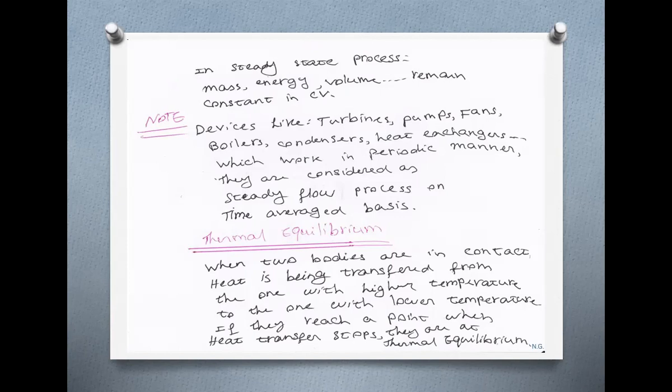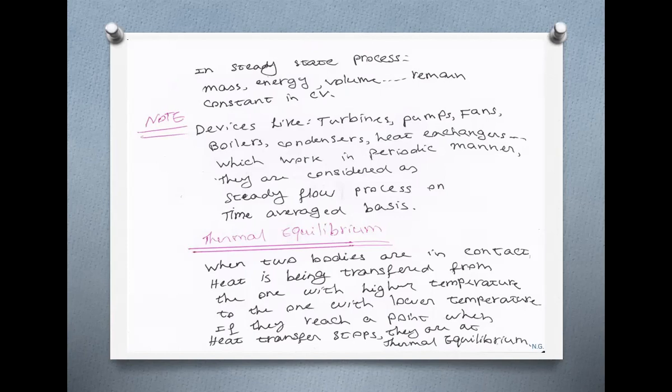Now we want to talk about thermal equilibrium. There are two different bodies with two different temperatures, one with a higher temperature, the other with a lower temperature. We know that automatically, in nature, the difference in temperature is the driving force, and heat is transferred from the body with higher temperature to the body with lower temperature, right?